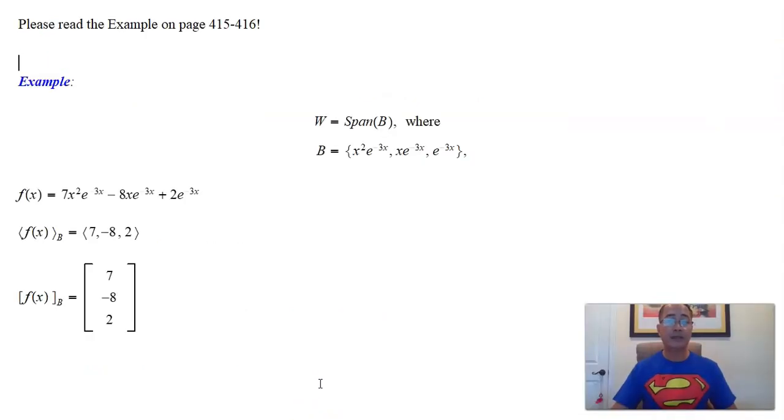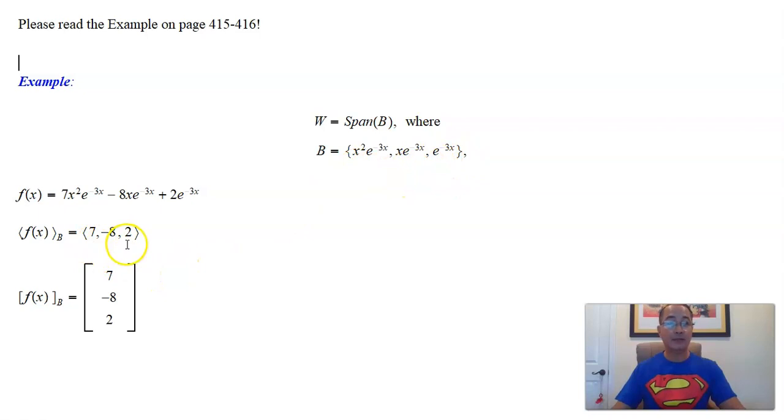Alright, so there are 2 examples in the 4th edition that walk you through this process. I'm only going to do one of them. So kindly look over, and make sure you read carefully, the example on pages 415 to 416. It's about polynomials. What I want to do with you is about the derivative. Okay, so this was the example that we worked on earlier. We have this function as a linear combination of these 3 vectors.